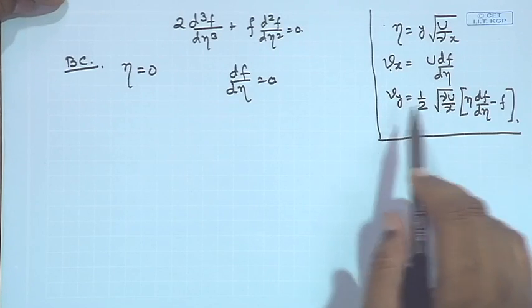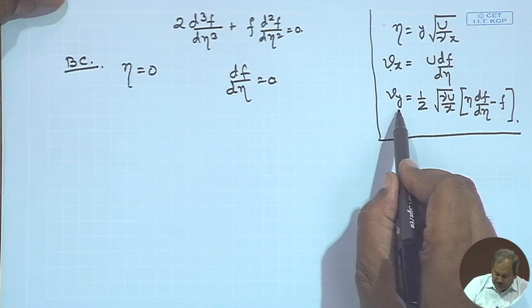From the expression of Vx, I have obtained that the necessary boundary condition is f prime, or rather df d eta, equal to 0. Now let's look at the expression of Vy to see what the no slip condition on Vy gives me, the value of either f, f prime or f double prime, to be used as a boundary condition to solve this problem. So let's look at Vy.